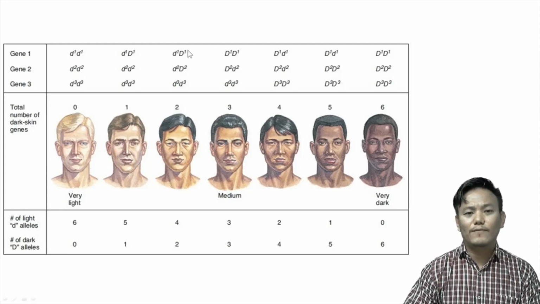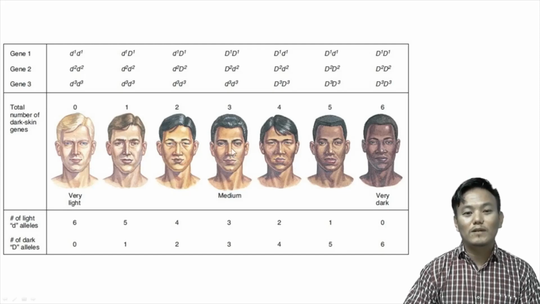Let's say you have 3 dominant alleles and 3 recessive alleles, but it does not guarantee that you will have a medium skin coloration. If you expose yourself to severe heat, or if you don't get a proper diet, what will happen? Your skin coloration will not be medium. It will be somewhere towards the dark, because if you expose yourself too much to the sun, you will get sunburn, and there will be more synthesis of melanin in order to protect yourself from the sunburn.